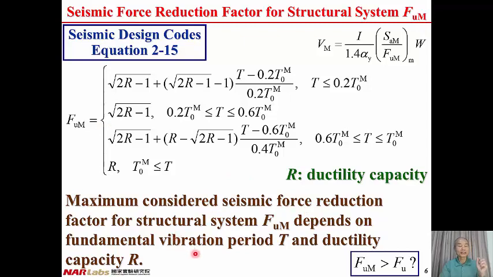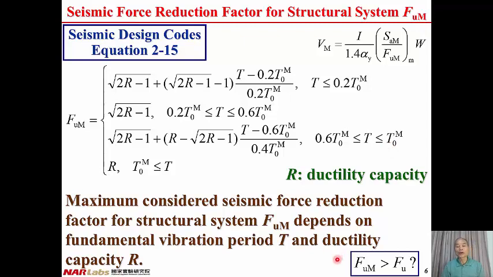One is the fundamental vibration period, T, and the other is the ductility capacity, R. R here is the ductility capacity. The value of FUM can be divided into 4 segments according to TCM, and TCM is the corner period between short period and medium to long period.